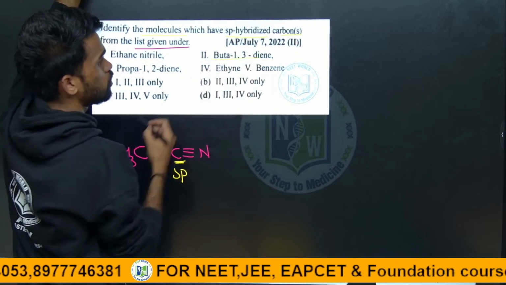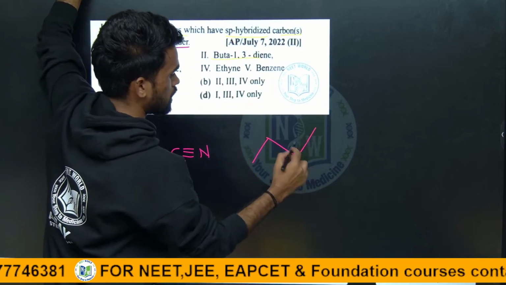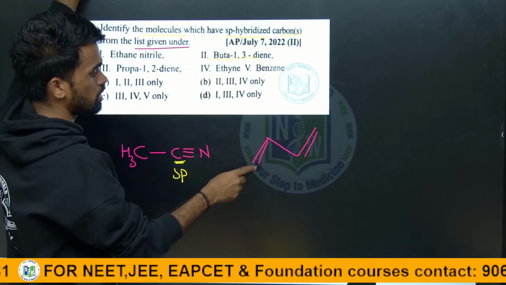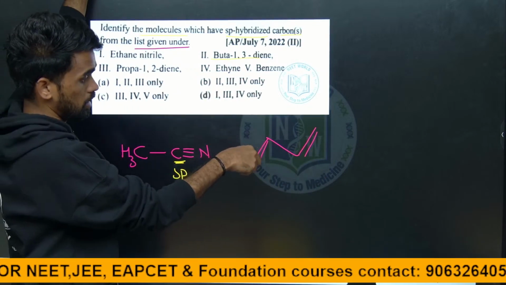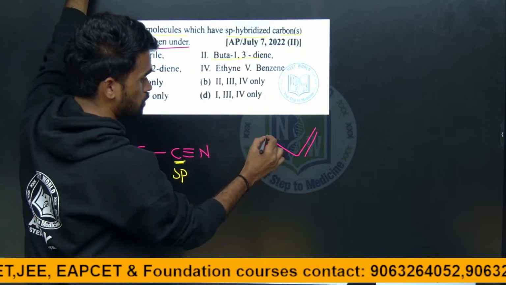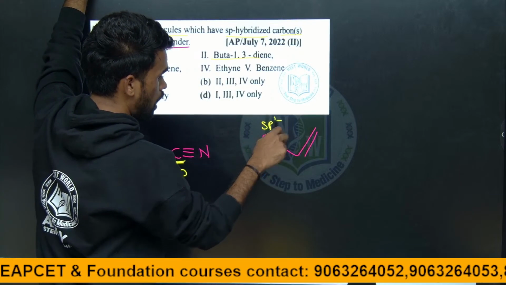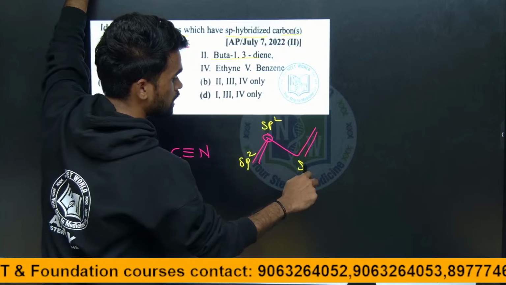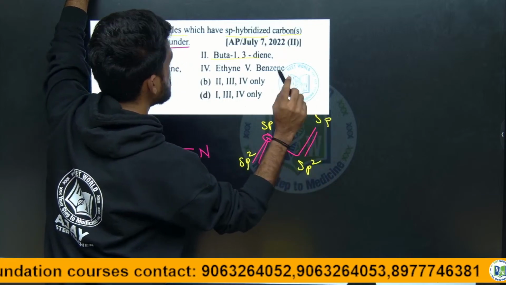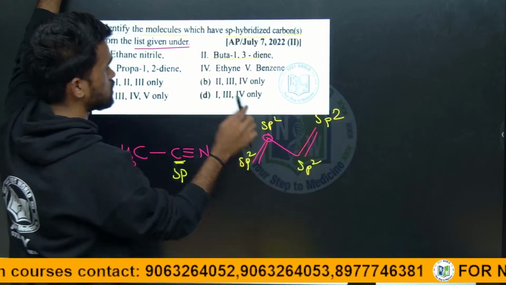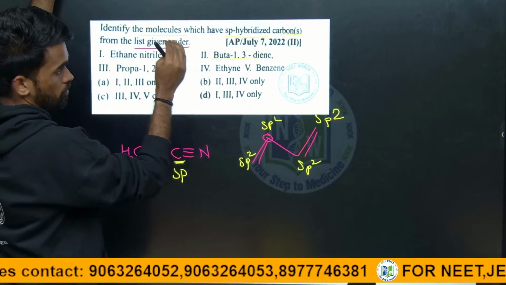Then next, buta-1,3-diene. Here, where it has double bonds, all the carbons are sp2, but they are asking about sp hybridized, which is not there in option 2.